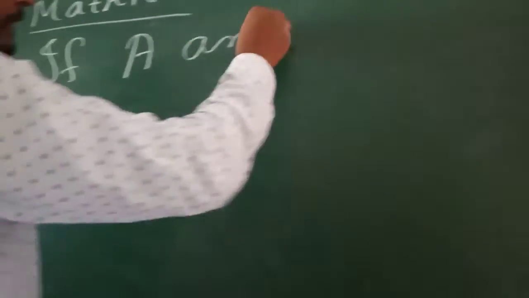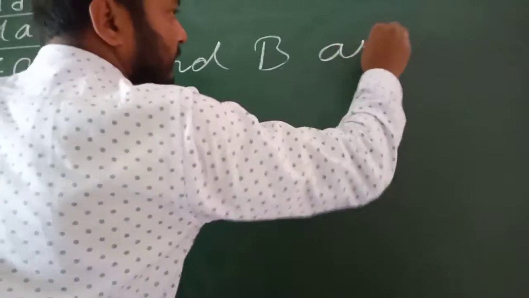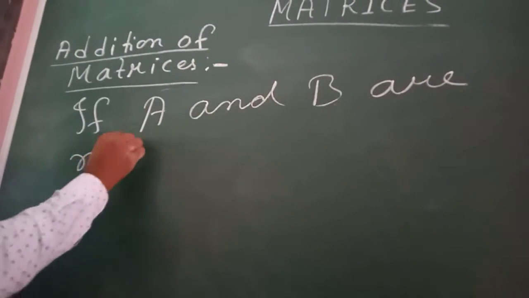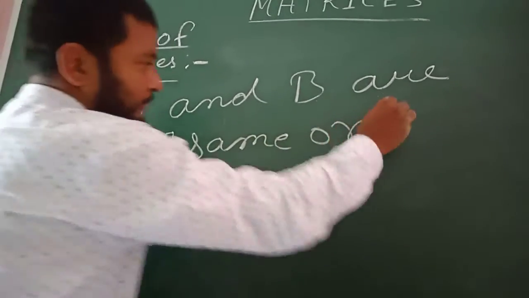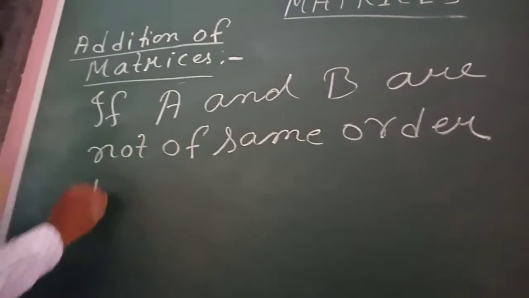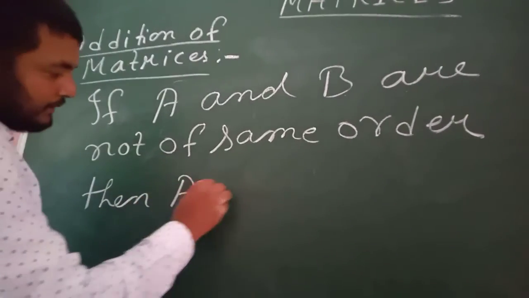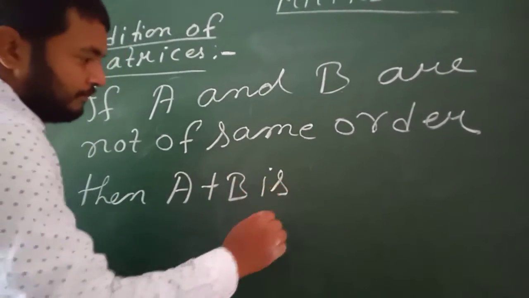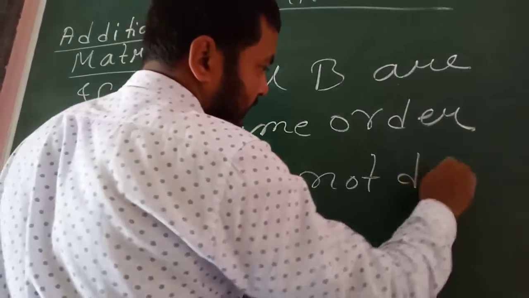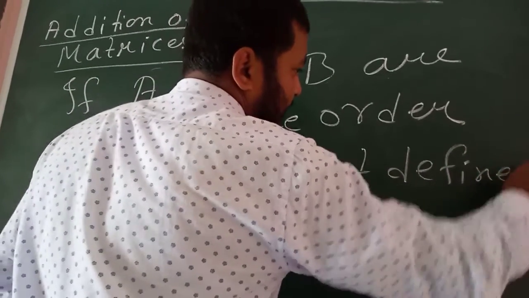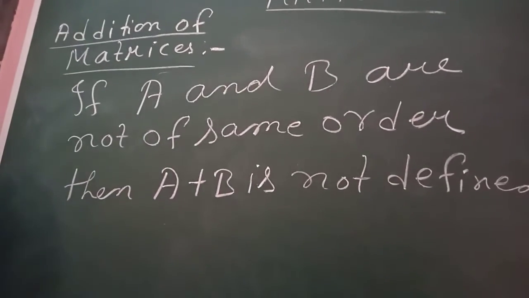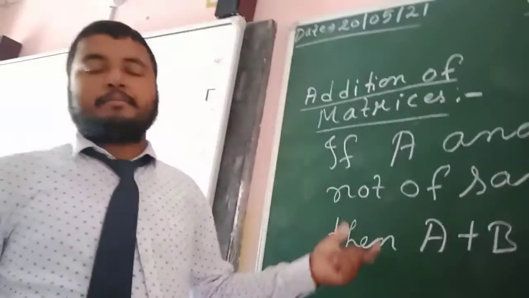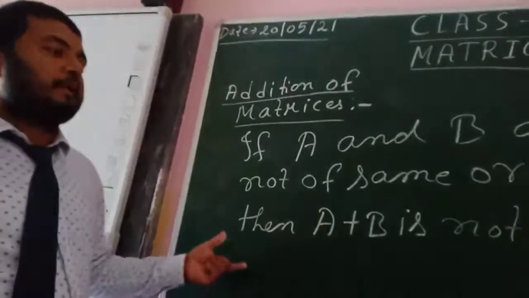If A and B are not of the same order, then A plus B is not defined. Please note it down. This is a very important concept, that if A and B are not of the same order, then A plus B is not defined.